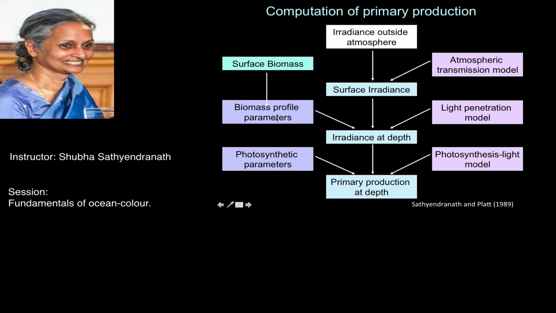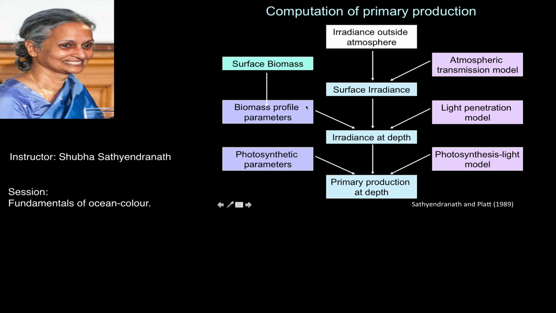So if you know the biomass and the light at any given depth, this is where now you have to assign your model parameters. You have to decide how can I best prescribe for that pixel at that location on that day the value of the initial slope and the saturation parameter.